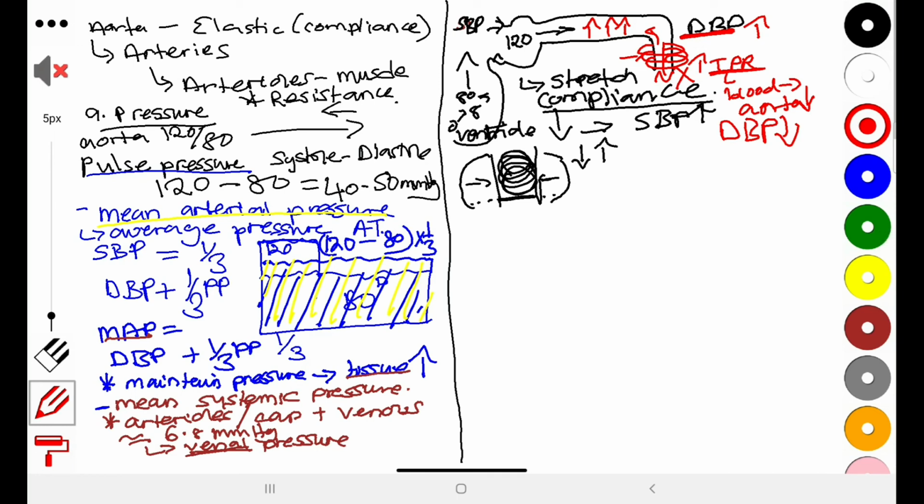Maybe one more thing to talk about when it comes to pressures. The pressure has also been noted to change due to gravity. So the next thing I want to talk about is gravity.